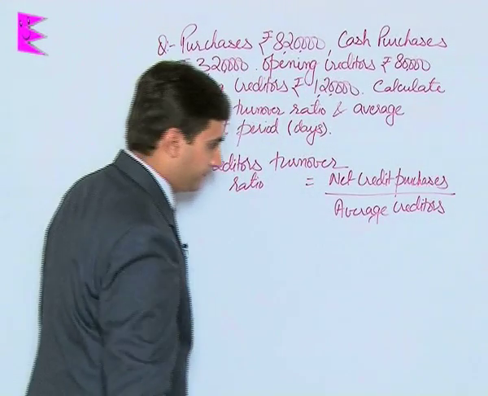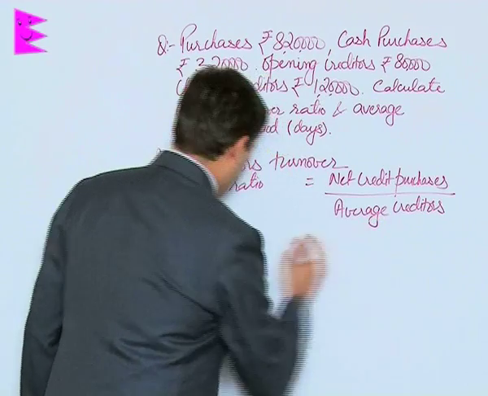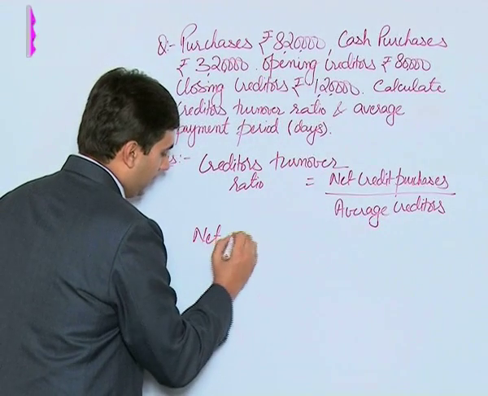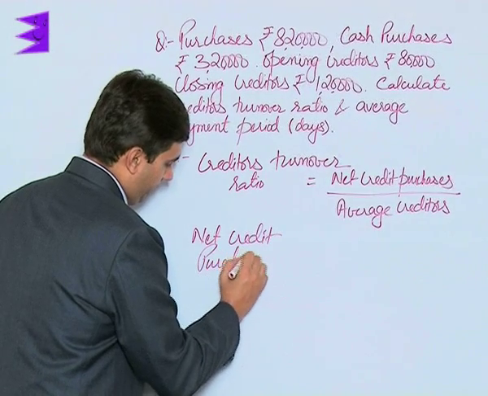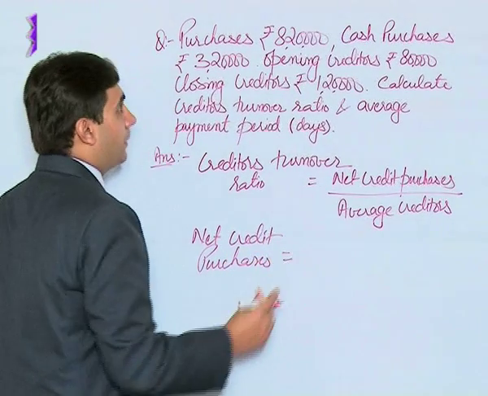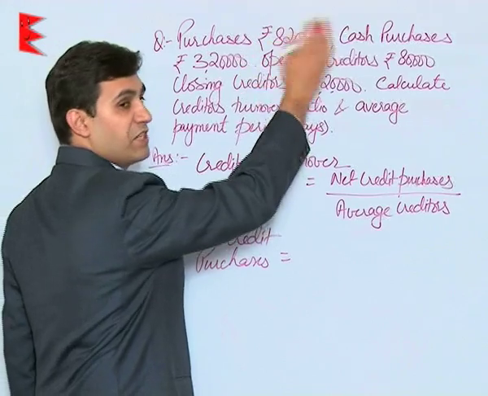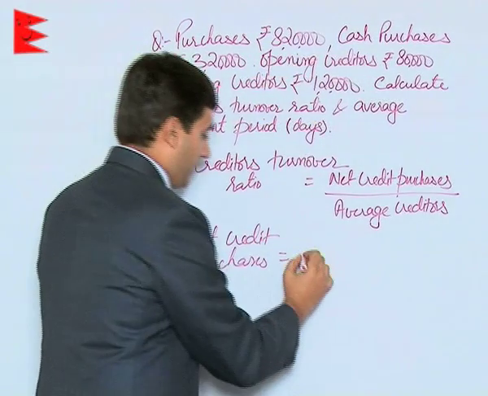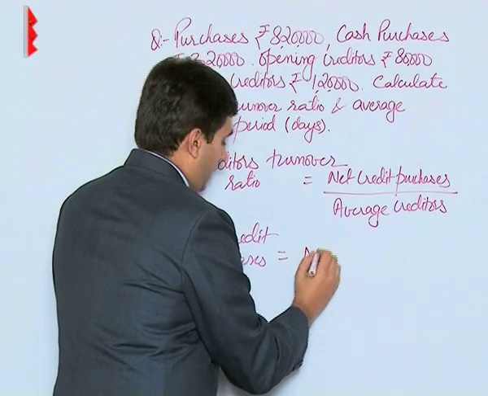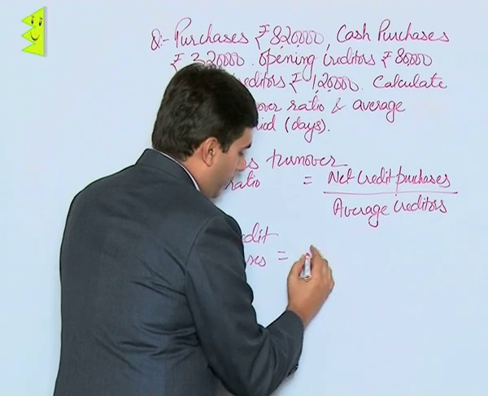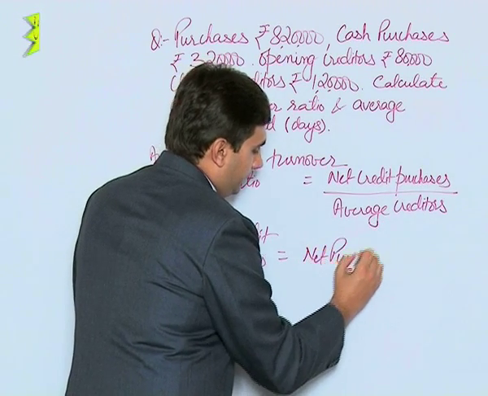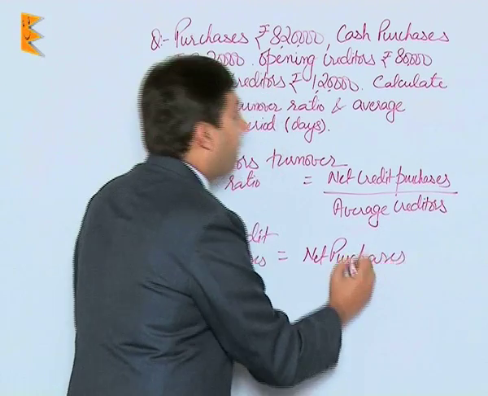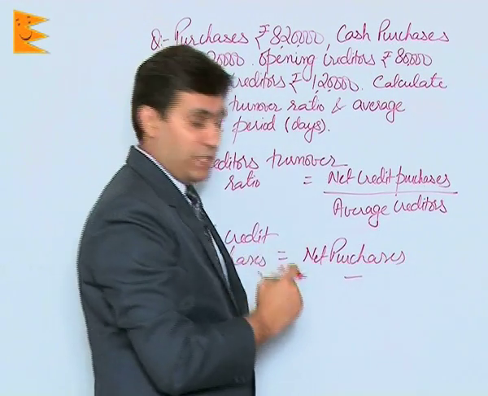Now students, net credit purchases can be calculated as the difference of total purchase and cash purchase. So that would be purchases, or total purchases, or net purchases as given in this question, minus cash purchase.